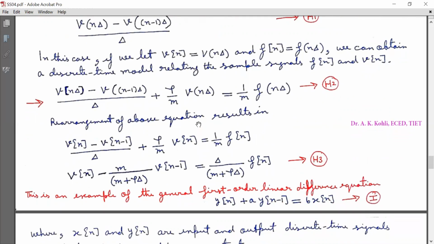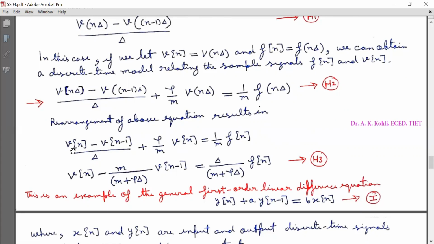Rearrangement of the above equation results in the following. For simplicity of mathematics, I am representing v(n delta) as Vn and f(n delta) as Fn. So it is for mathematical simplicity.